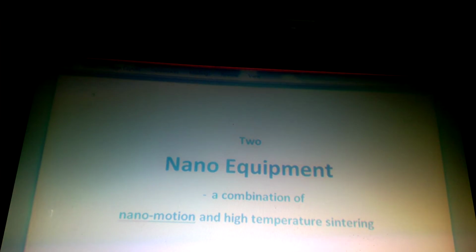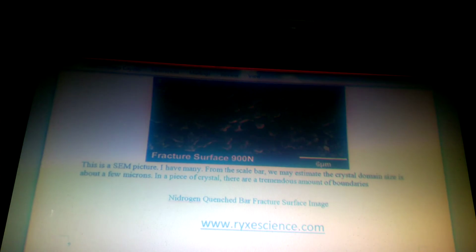To the nano equipment, a combination of nano motion and high temperature sintering. So really what we said yesterday was talking about the processing ambient to get the highest volume of storage density.